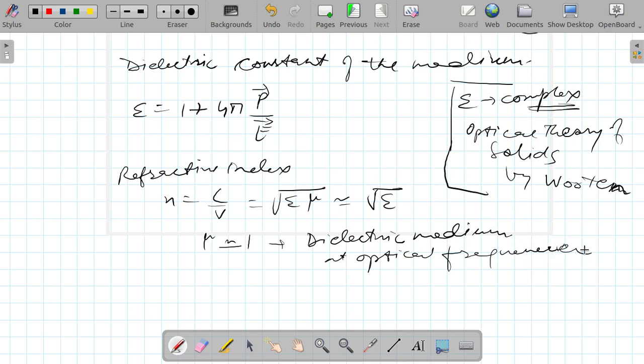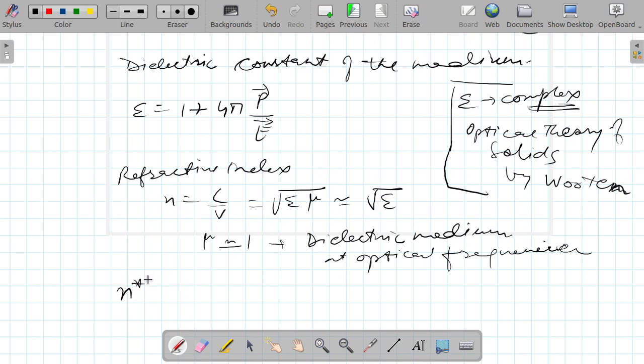If I use this value as 1, then it will be equal to this one. So what I am concluding, we also know that if epsilon is a complex number, that makes the refractive index also a complex number.